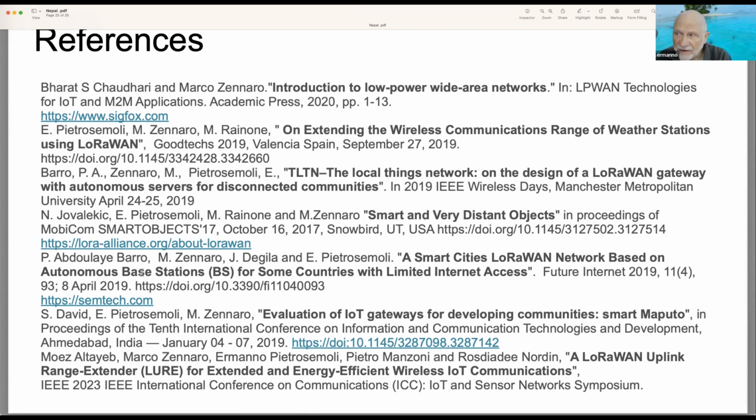You don't need to modify your gateway, because the range extender is just a proxy for the gateway that collects the data from the end node and transmits it to the normal gateway, and from there on, everything is LoRaWAN standard. The only thing that is different from the LoRaWAN standard is the range extender, the device that we built, because it uses the LoRa protocol to communicate with both the end node and the gateway.